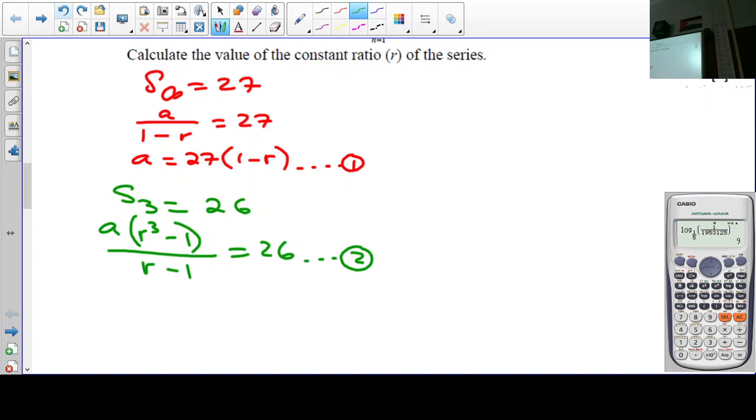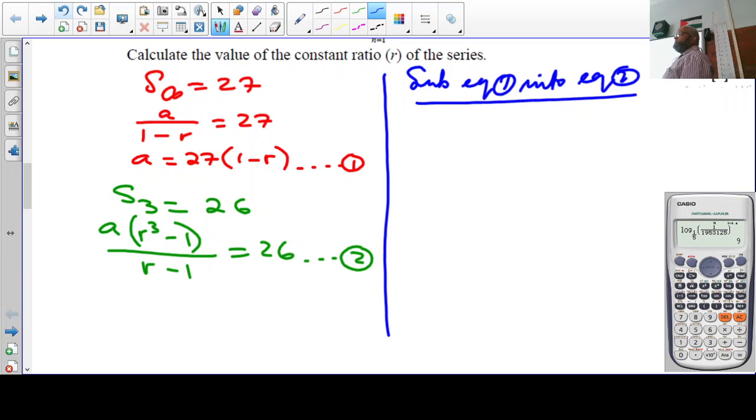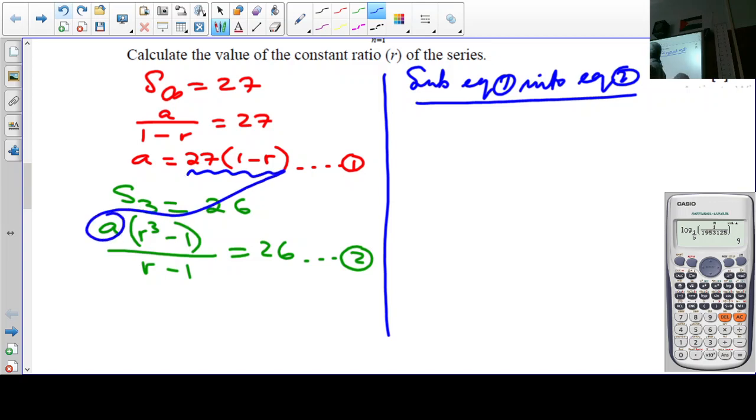So what do I do now? Substitute. I'm going to substitute equation 1 into equation 2. Substitute equation 1 into equation 2. So wherever we see an A, we replace it with 27 into 1 minus R. Make sense?